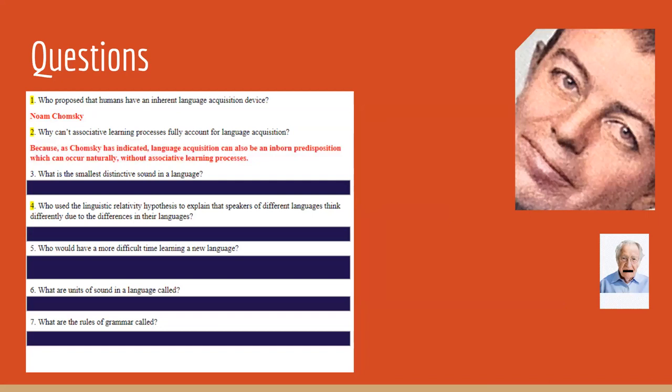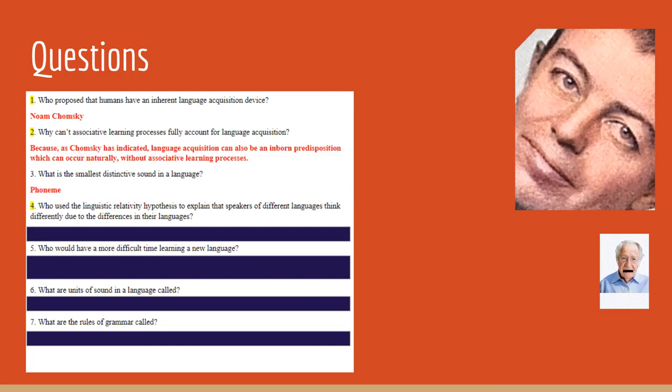Because, as Chomsky indicated, language acquisition can also be an inborn predisposition, which can occur naturally without associative learning processes. What is the smallest distinctive sound? That's a phoneme. Who used the linguistic relativity hypothesis to explain that speakers of different languages think differently due to the differences in their languages? That was Whorf. He said, different languages, different thinking.